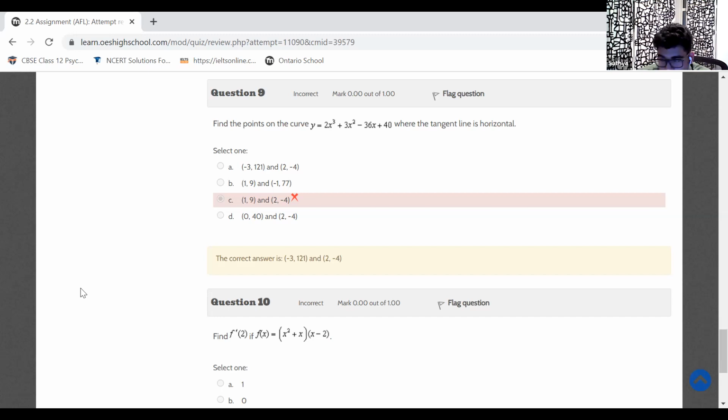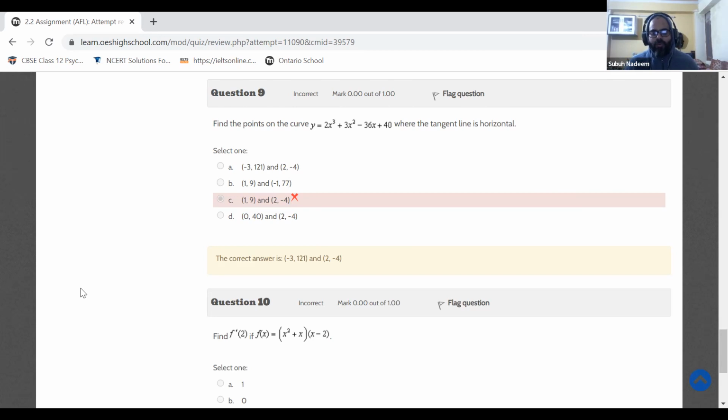What is the slope of a line horizontal to the x-axis? That means what is the angle between the x-axis and the line? It will be 0. If it is parallel to the y-axis, then it is 90. So the slope will be tan 0, which will be 0.